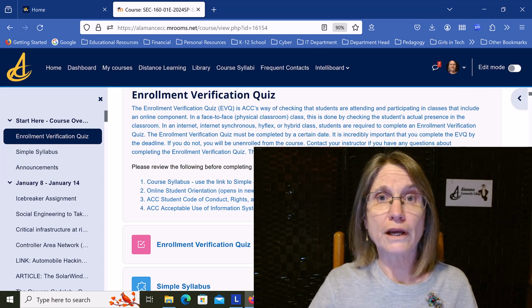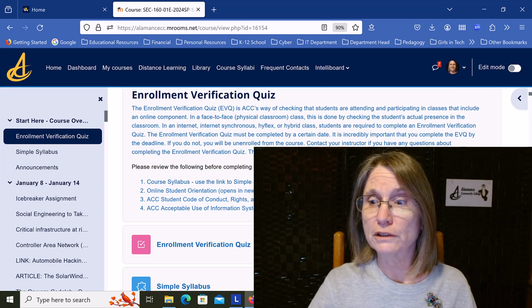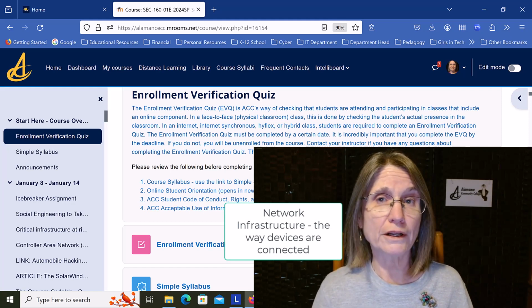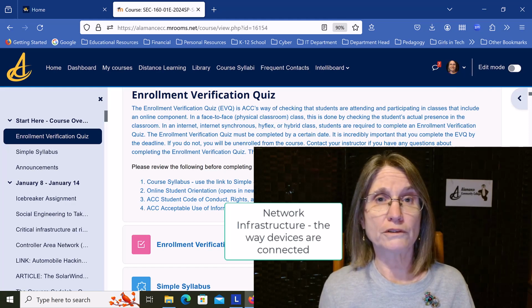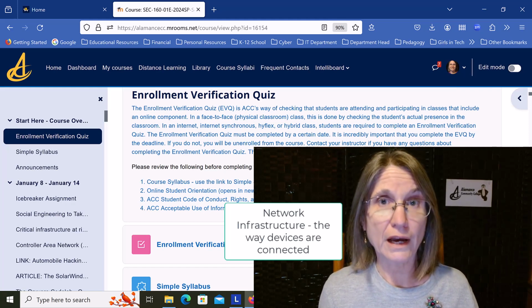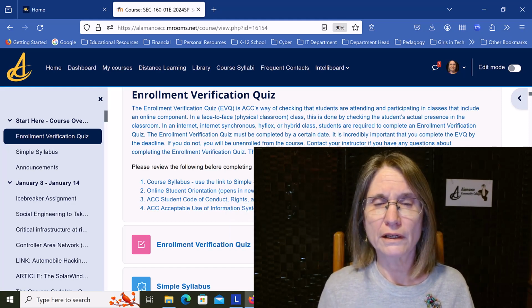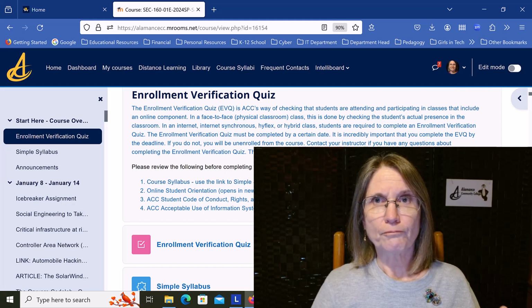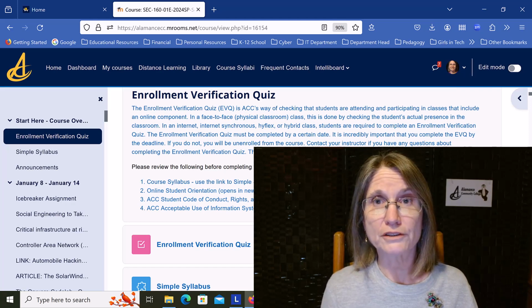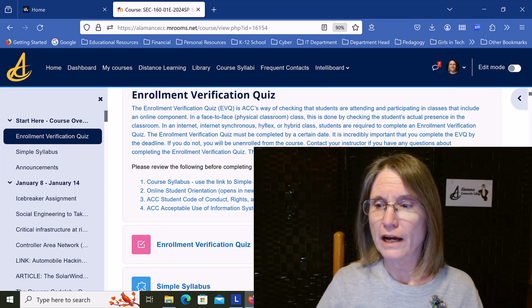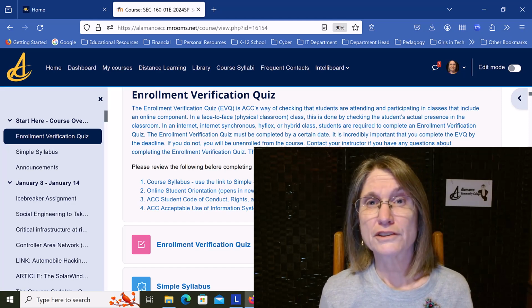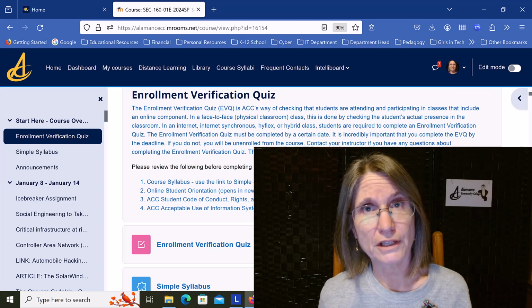We'll also look at network infrastructure, so the way devices are connected to one another, and the importance of doing that the right way, doing the configurations in a ruggedized or durable fashion.